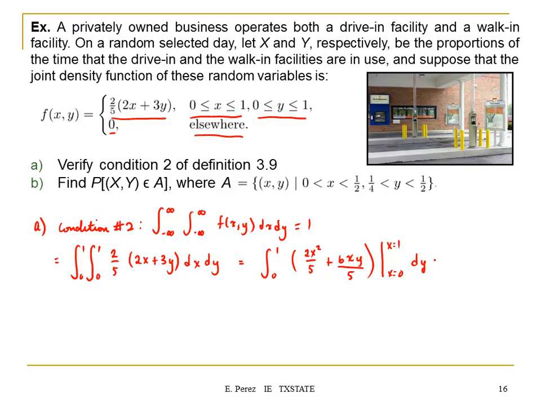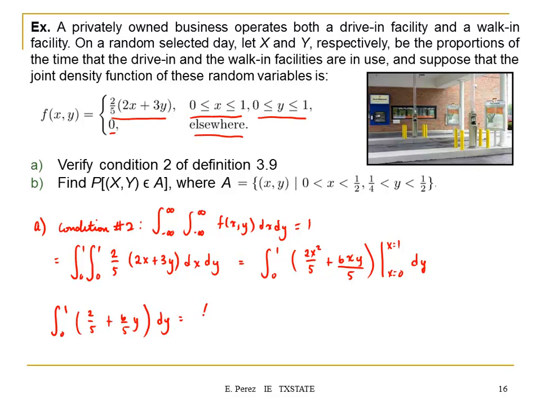If you solve this, then you will get from 0 to 1, 2 over 5 plus 6y over 5 dy. But now we need to integrate with respect to y. So we solve the integration for x, you get an expression in terms of y, and we need to integrate with respect to y now.